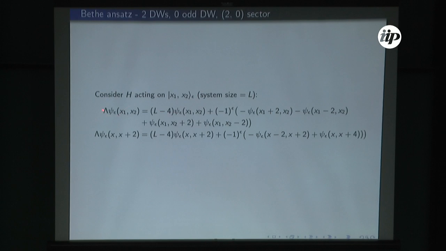So these curly psi are the wave function amplitudes. And okay, there is a somewhat complicated equation describing the relation between psi at x1 x2 and involving x1 plus 2, x2 minus 2 and so on.